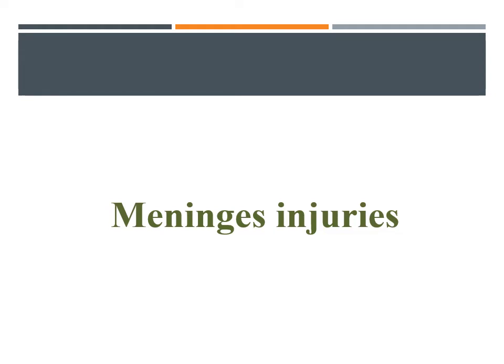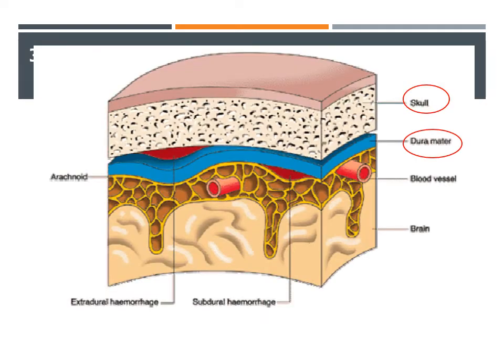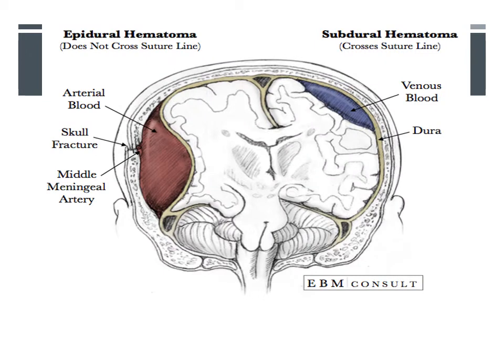Meningeal injuries. Meninges are formed of 3 layers: dura mater under the skull, then arachnoid, then pia mater on the brain substance. There are types of meningeal injuries in the form of hemorrhage, and this hemorrhage may be epidural or extradural hemorrhage or subdural hemorrhage.